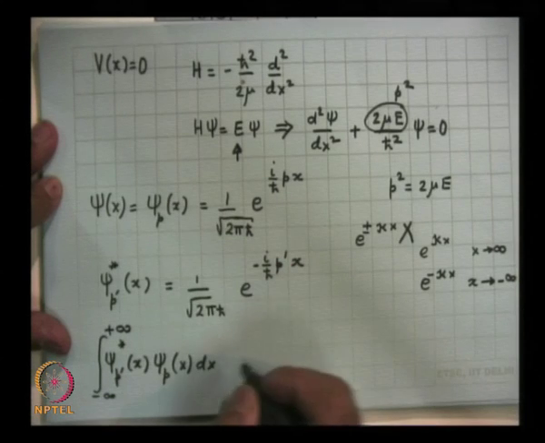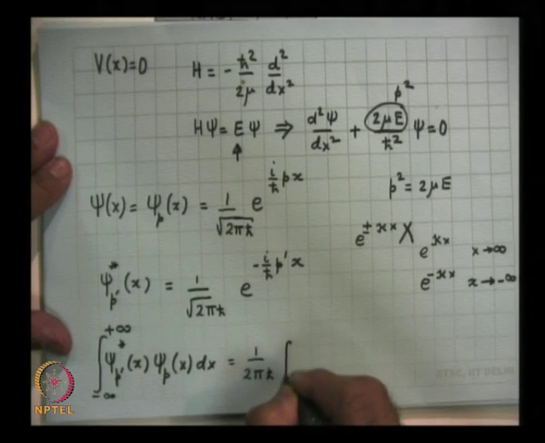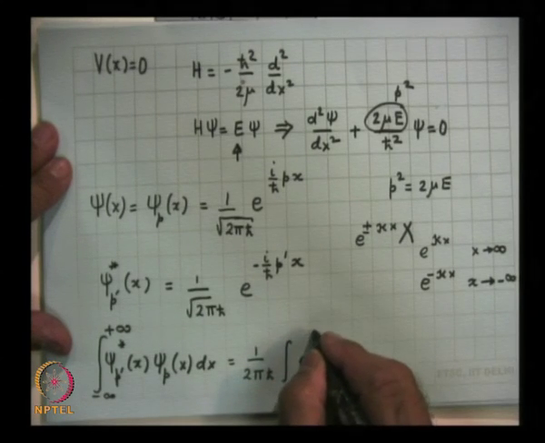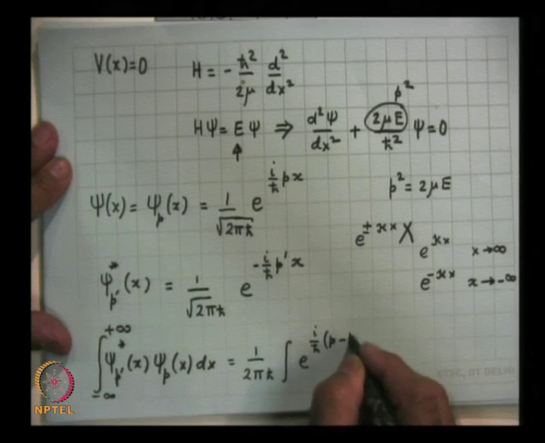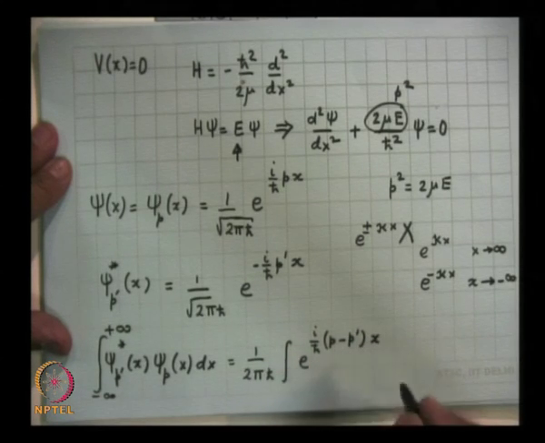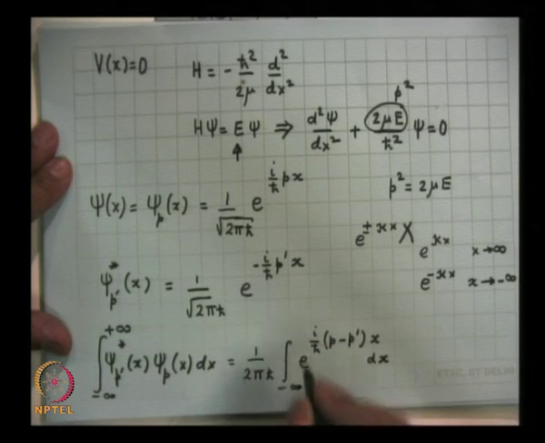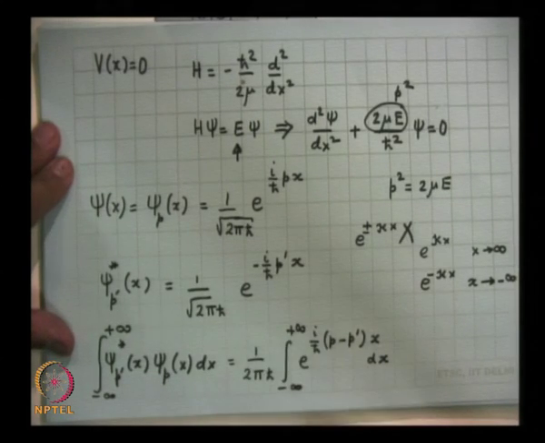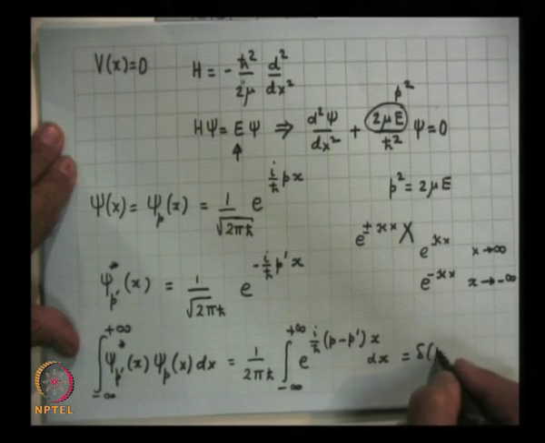I multiply this. So, I get 1 over 2 pi h cross integral e to the power of i by h cross p minus p prime times x dx from minus infinity to plus infinity. So, this is the Dirac delta function, delta of p minus p prime.